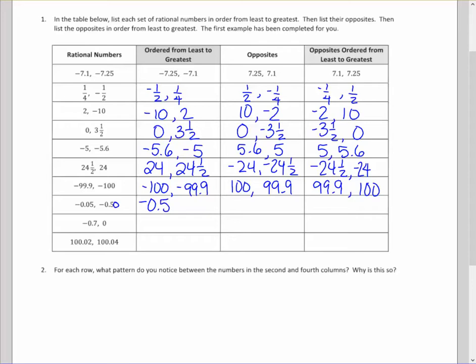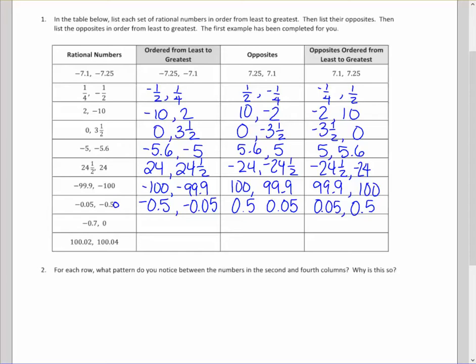That'd be like saying you owe someone 50 cents compared to owing someone a nickel, right? So you have less money if you owe someone 50 cents than if you owe somebody a nickel. The opposites would be positive 5/10 and positive 5/100ths. And then, because they're now positive, we put negative 5/100ths as less than 5/10.